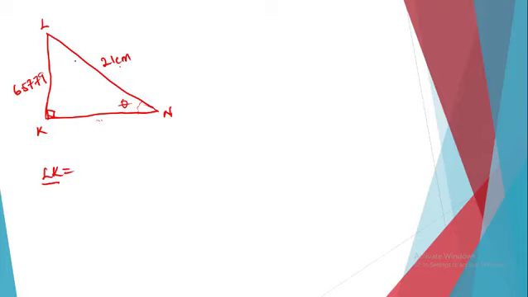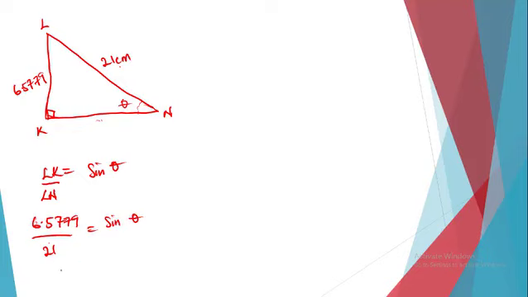LK over LN will then be equal to sine theta. Our line LK is what? 6.5779 all over our LN, which is the line 21 cm, to be equal to sine theta, since we denoted it with what? Theta.